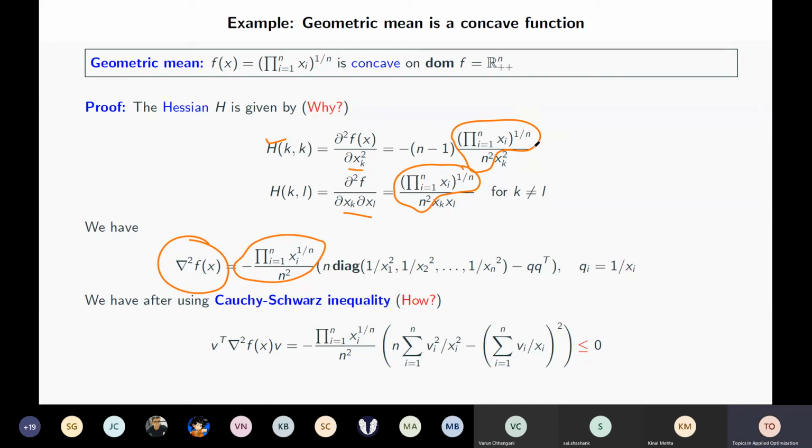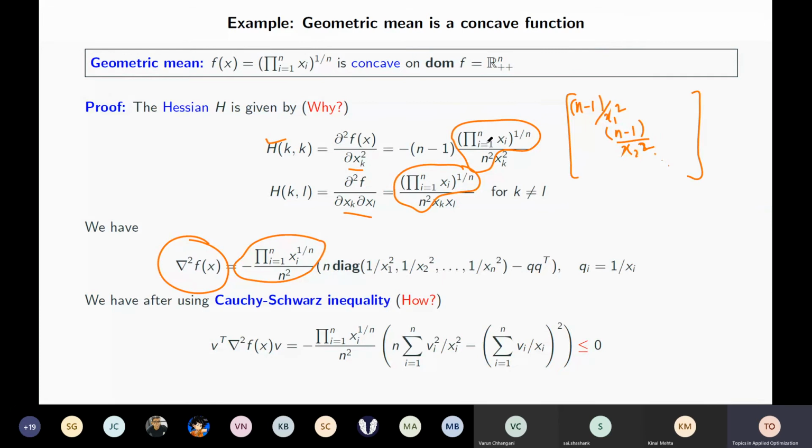If you see this in terms of a matrix, assuming I have taken out this common, there is n minus 1 also left here, right? So what is left after doing that is n minus 1 divided by x1 square. The second diagonal term is n minus 1 divided by x2 square, and so on.